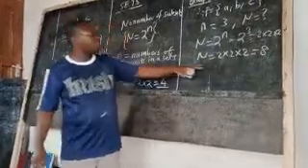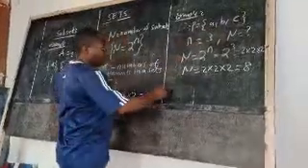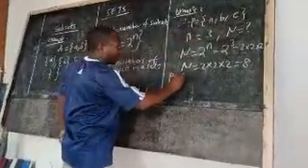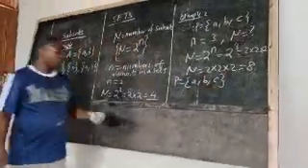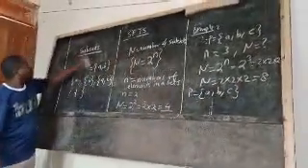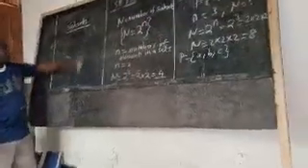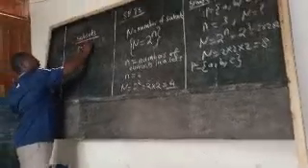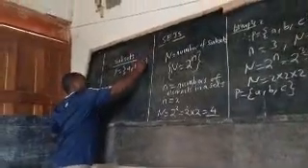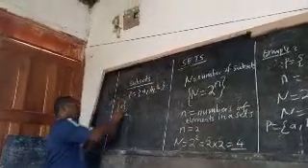So if we have 8 subsets here, we are to list from P, which is A, B, and C. Start to list the subsets from here. P is equal to A, comma B, comma C. The first subset is A, the first element.